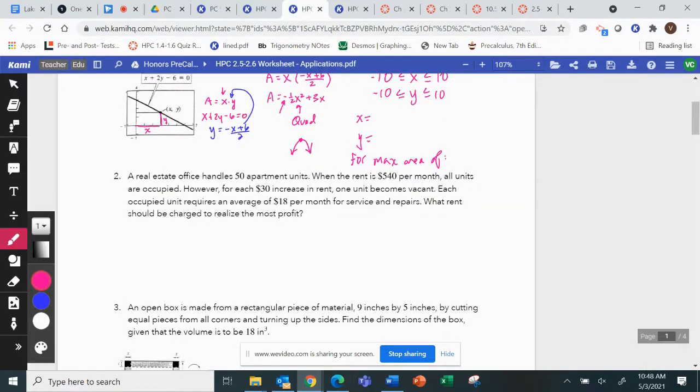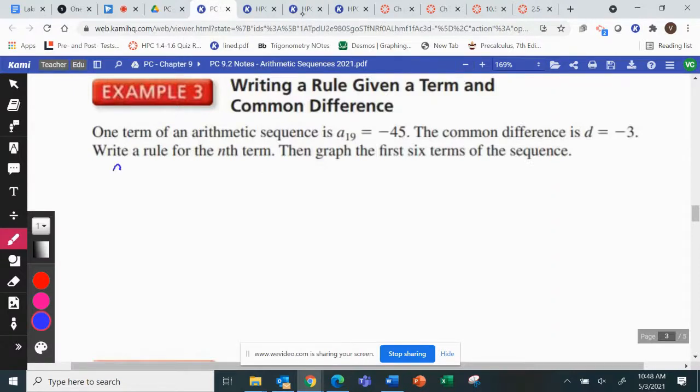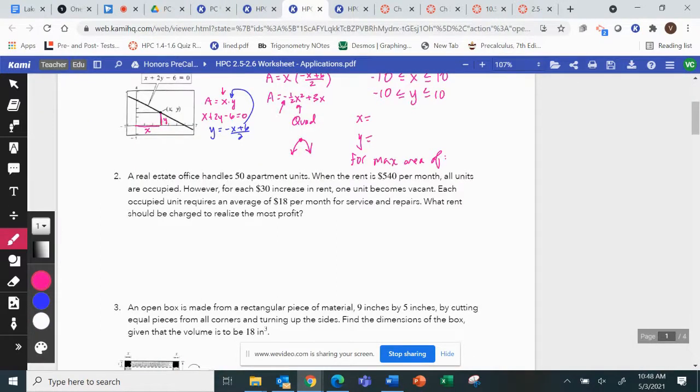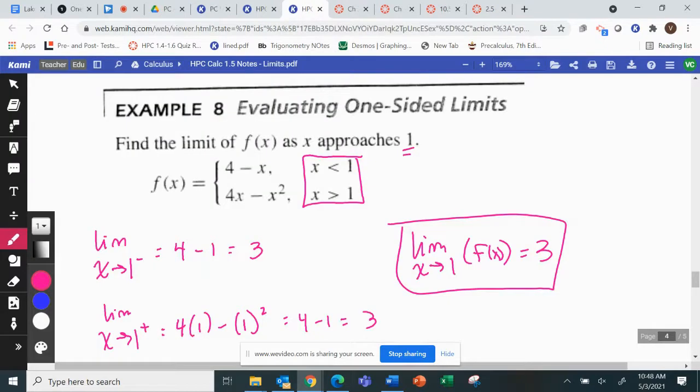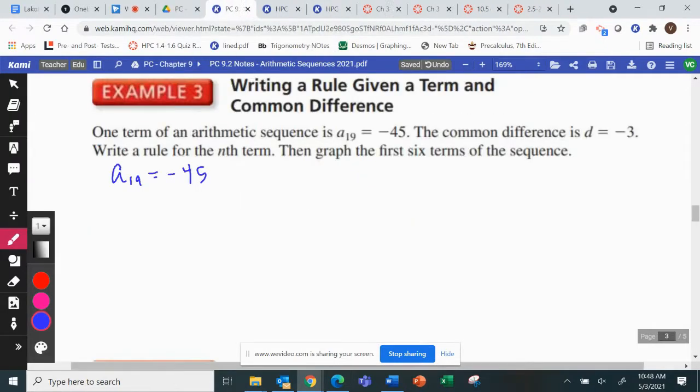So if I know that a sub 19 is negative 45, I can use a sub n equals a sub 1 plus n minus 1 times d.